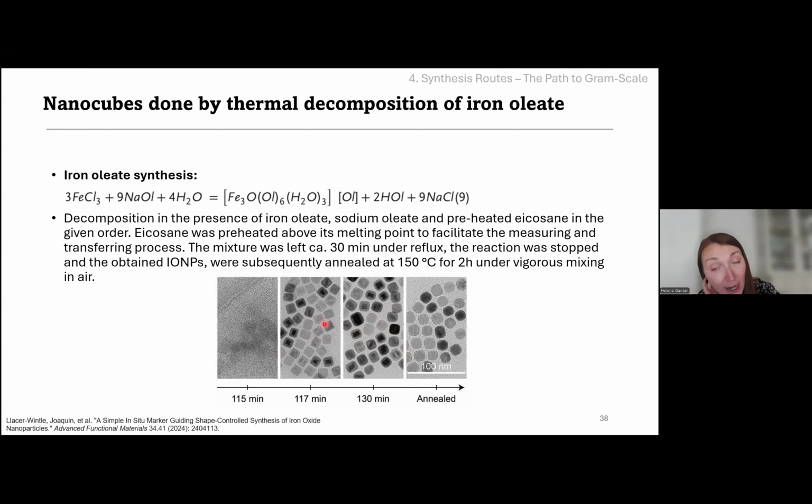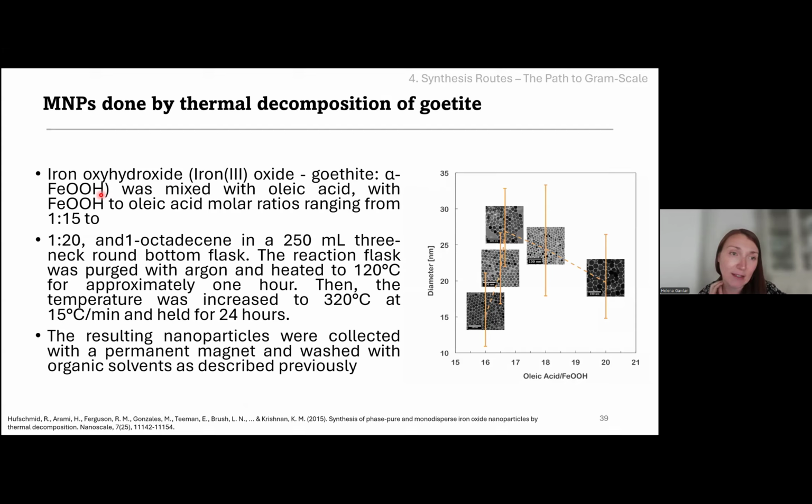It's not nice for magnetic hyperthermia or magnetic particle imaging. So you need an extra step in which you anneal it. So you heat it up and it oxidizes to magnetite. And then in the literature, you can even find the thermal decomposition of goethite. Here you can only see faceted nanoparticles. They are not cubic.